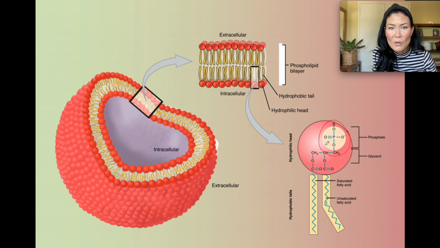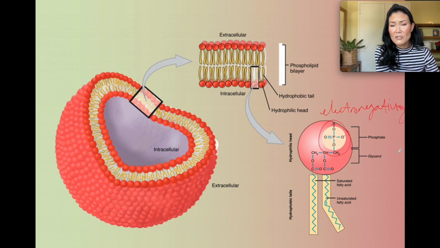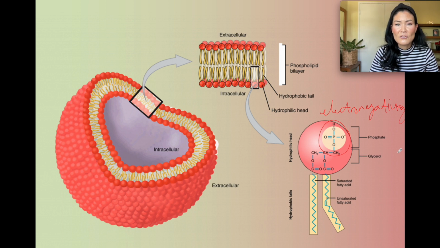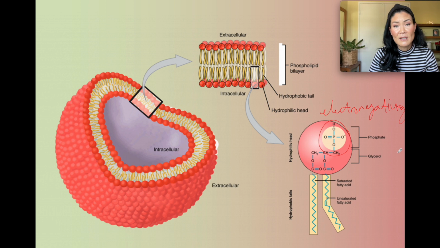And we know that oxygen is electronegative, right? That's a term that you should know by now and you should remember for the rest of the year, okay? It's got a lot of electronegativity, so when oxygen shares electrons with other atoms, it has a stronger pull for the electrons, and because electrons are negatively charged, those oxygen atoms are going to have a negative charge.